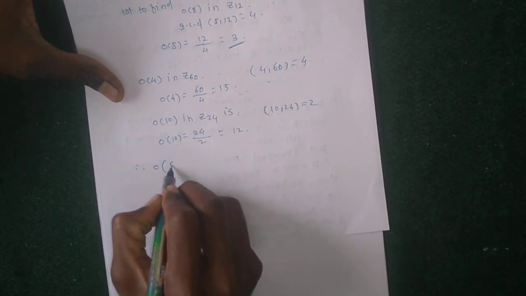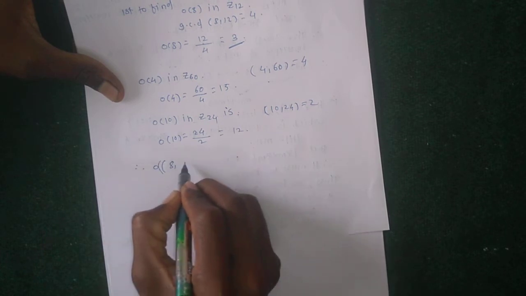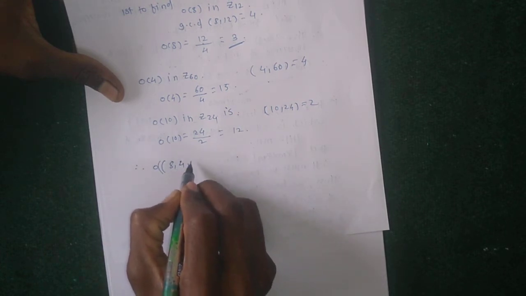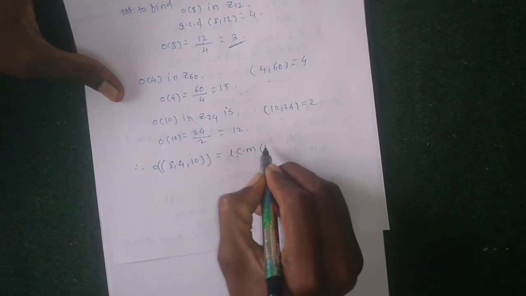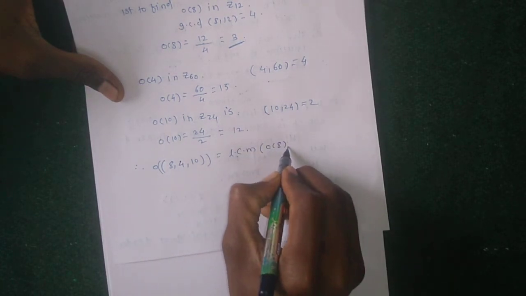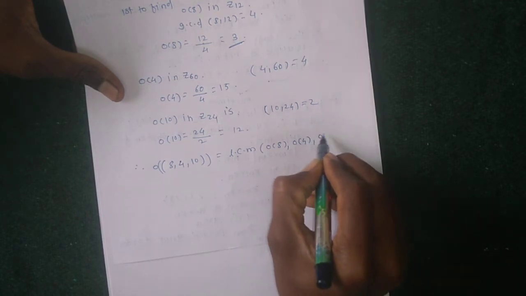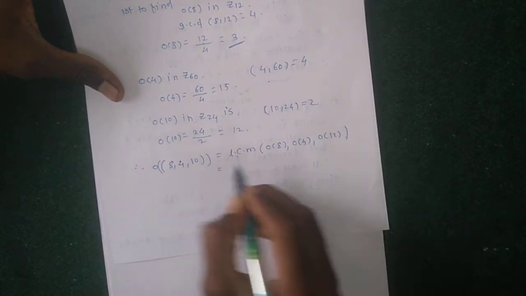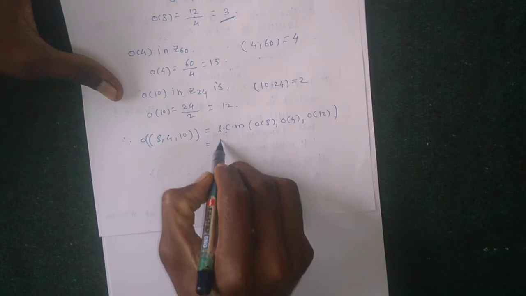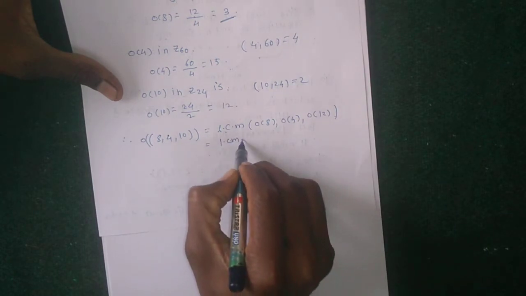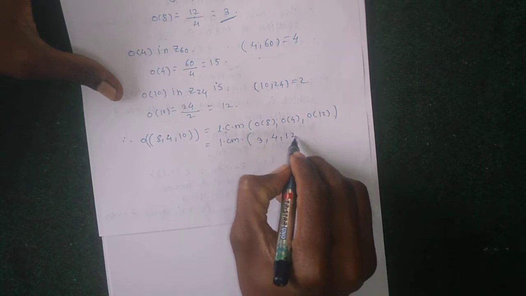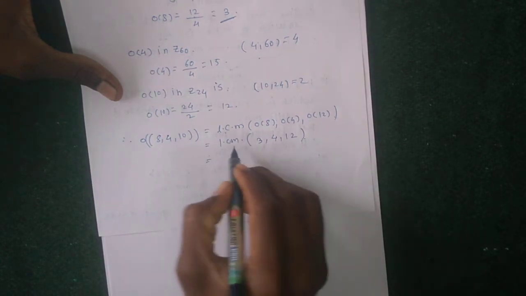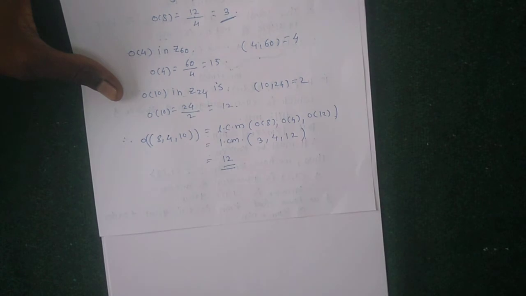Therefore the order of (8, 4, 10) is the LCM of the orders 3, 15 and 12. The LCM of 3, 15 and 12 is 60.